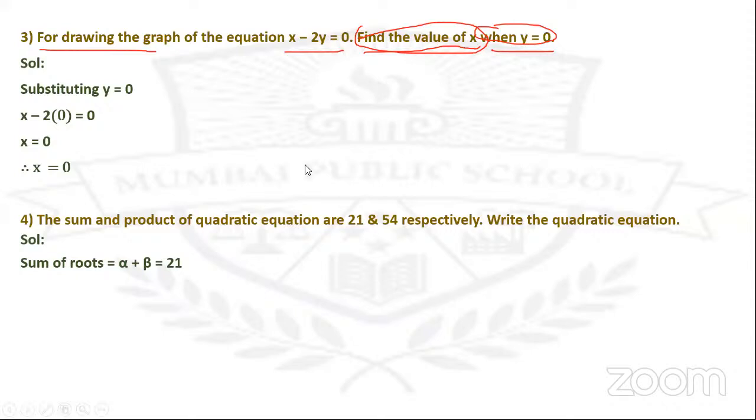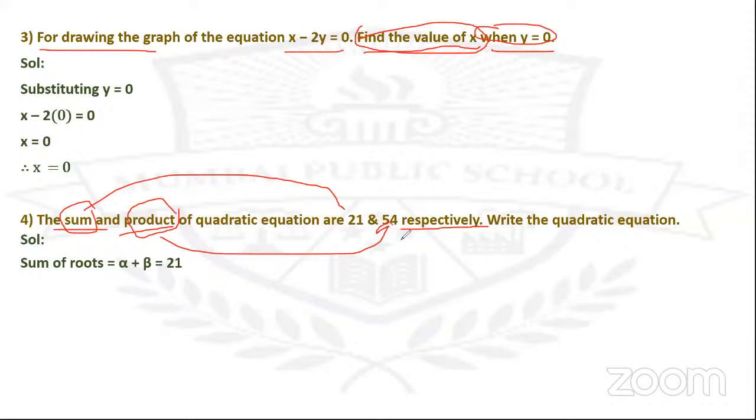Now check, sum and the product, and this word is very important: respectively. It means sum is coming first here, so whatever the first value given will correspond to the sum, and the second number given will correspond to the product.